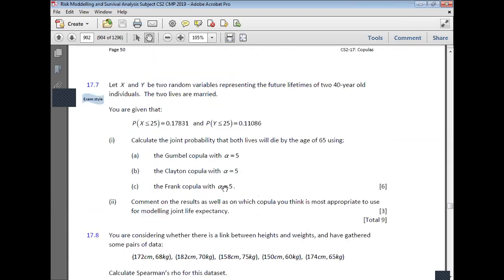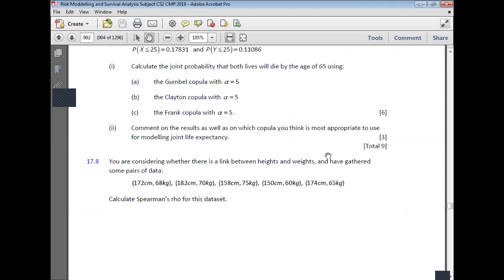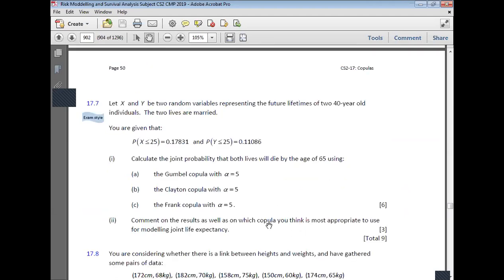So what we have here is this. We want to figure out this Spearman's rho. I think this is easy. You will just have to substitute into the formula and you get the answer. And here you have these two random variables which represent the future lifetimes of two 40-year-old individuals in a marriage.